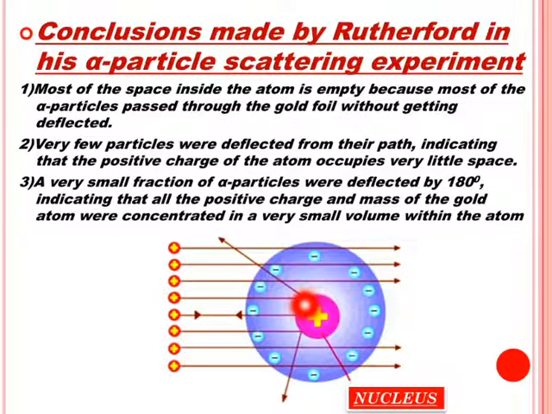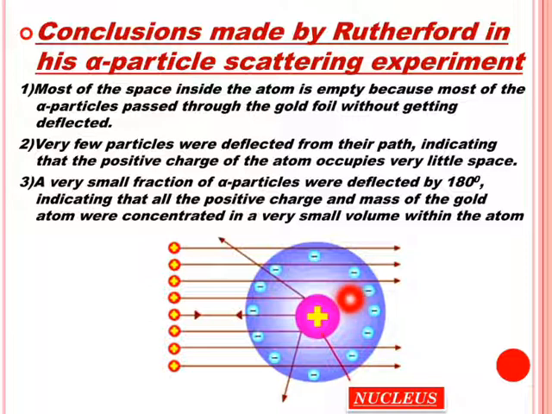He also observed that a very small fraction of alpha particles, positively charged alpha particles, were deflected by 180 degrees, indicating that all the positive charge and the mass of the gold atom were concentrated in a very small volume within the atom. He called this positively charged center of an atom the nucleus.